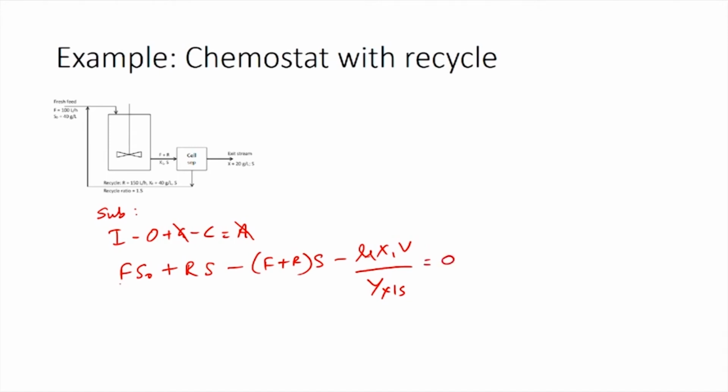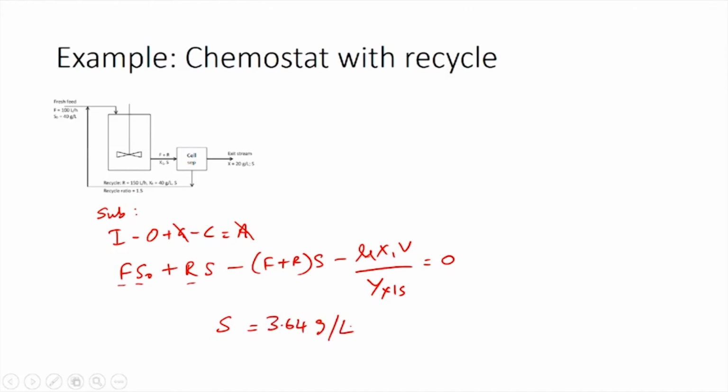We already know the value for F S naught, R, and mu times x1 V and Y X/S. Having all these values, we can calculate the value for S as 3.64 grams per liter.